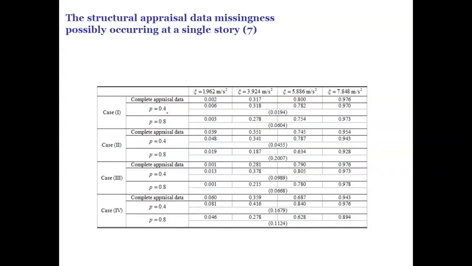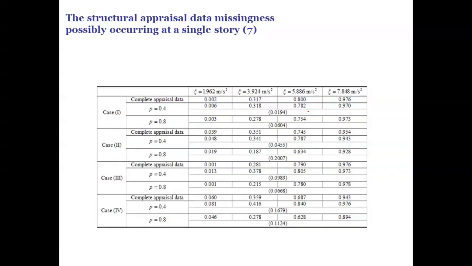Based on the incomplete appraisal data, we have either these 4 data points or these 4 data points. Then we compare: is there any significant difference between the results obtained from the complete appraisal data and the results obtained from the incomplete appraisal data?